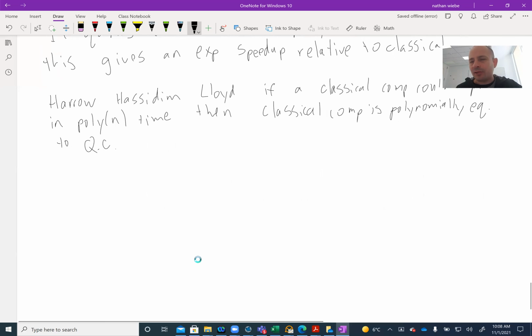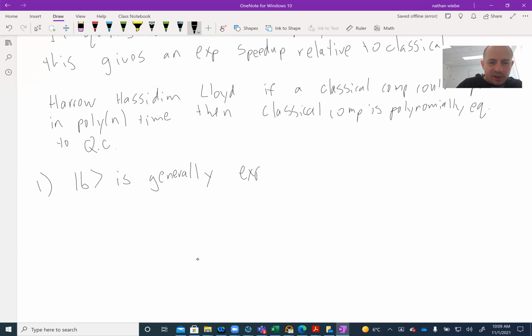There, however, have actually been a lot of challenges that people have run into trying to leverage this exponential speed up for real applications. And the problems that end up showing up are, one, B is generally exponentially hard to prepare.